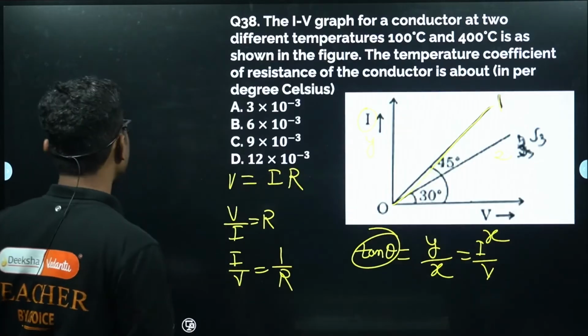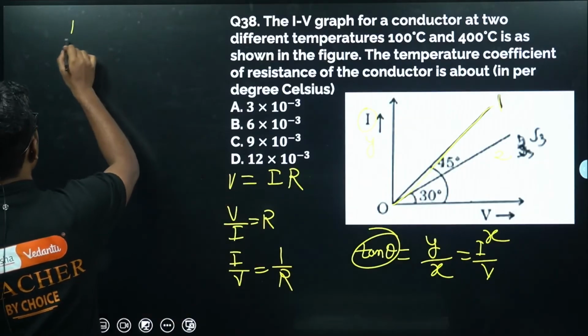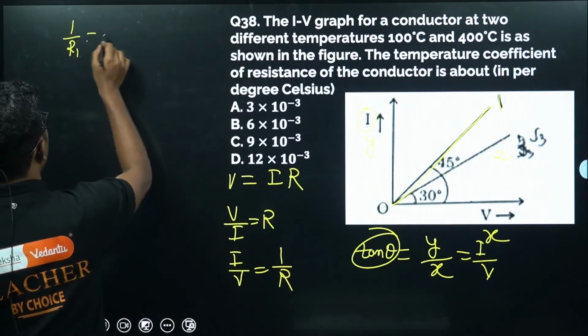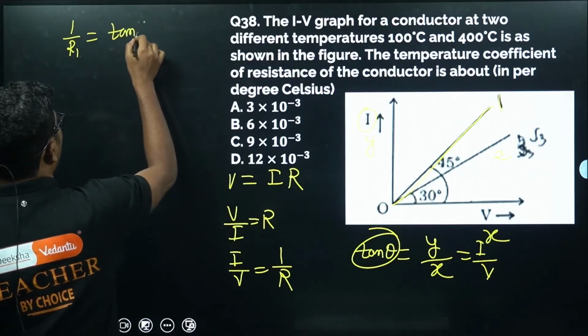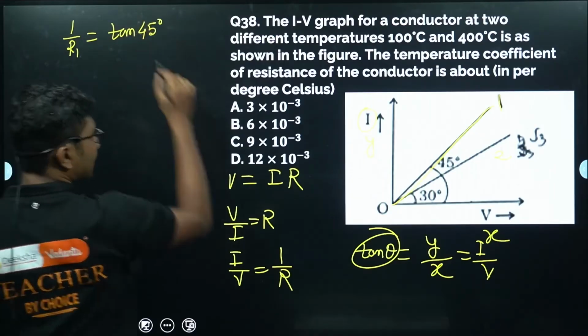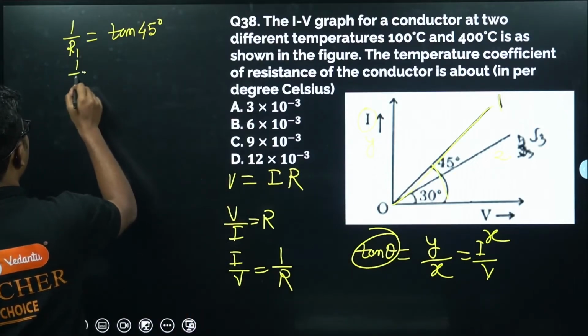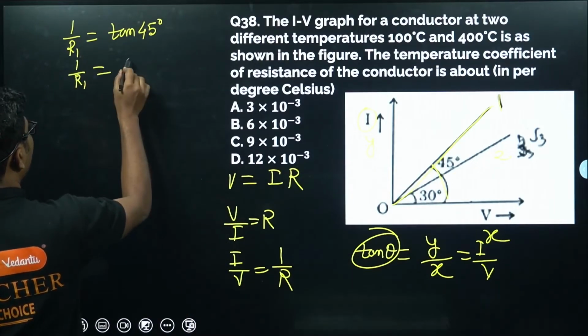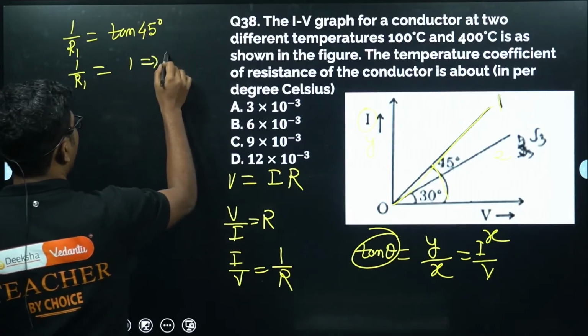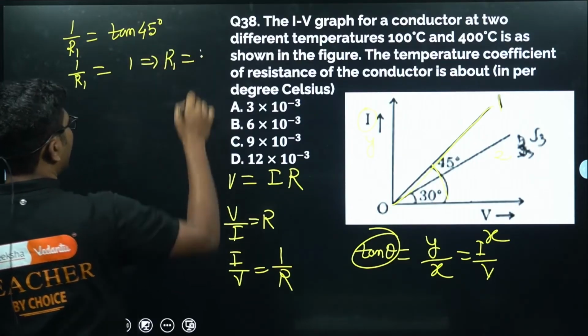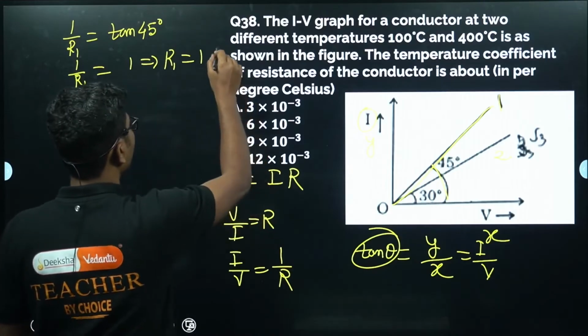We can write here that 1 by R1 is equal to tan 45, this angle is 45, right. So tan 45 is 1, so 1 by R1 is equal to 1, or R1 equals 1 ohm.